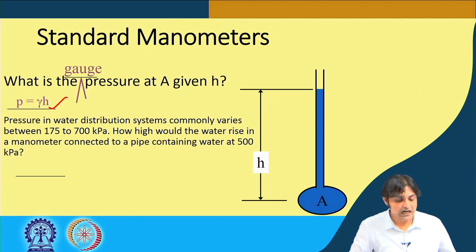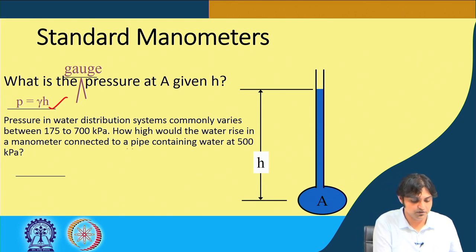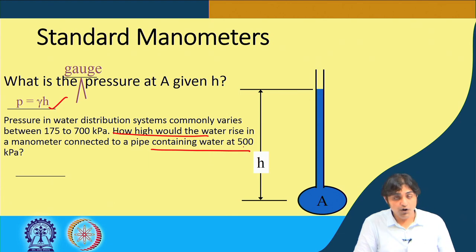So how high would the water rise in a manometer connected to a pipe containing water at 500 kilopascal? The question here is, if we want to measure the pressure in a water distribution system, what will this height h in a manometer be? We are already told that the pressure in a distribution system varies between 175 to 700.